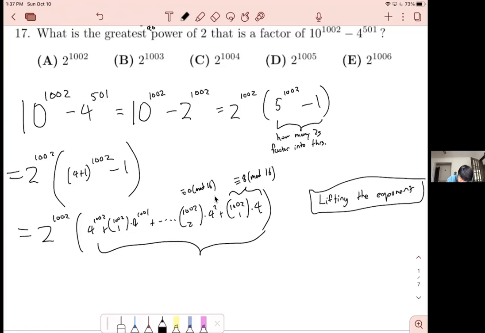Actually, everything over here is going to be congruent to 0 mod 16 because they have at least 2 factors of 4. But this thing over here is congruent to 8 mod 16. So that means there's only 3 powers of 2 factoring in. So then the answer is 1002 plus 3 equals 1005. And so D is your answer.